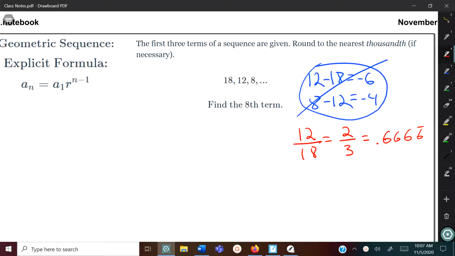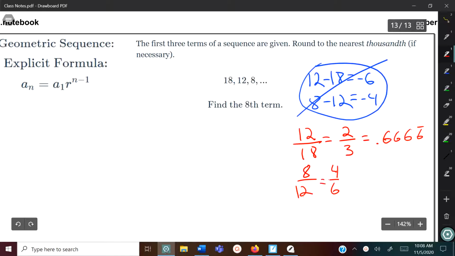Let's do the other one. 8 divided by 12. The biggest number that goes into it is 4. 4 goes into 8 2 times, and 4 goes into 12 3 times. But let's say you couldn't figure out that number. Well, you know they're both even, so you can at least divide by 2. 2 goes into 8 4 times, and 2 goes into 12 6 times.